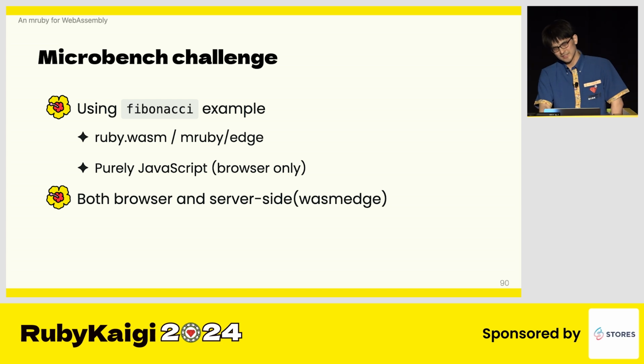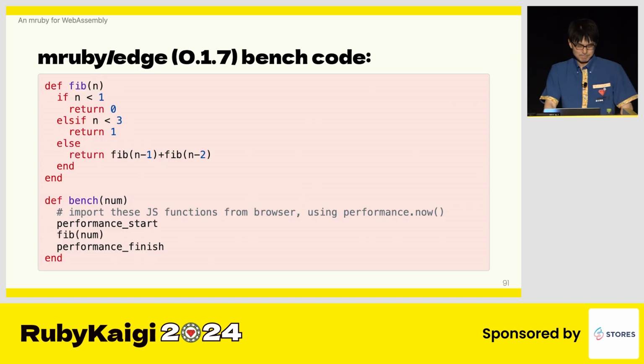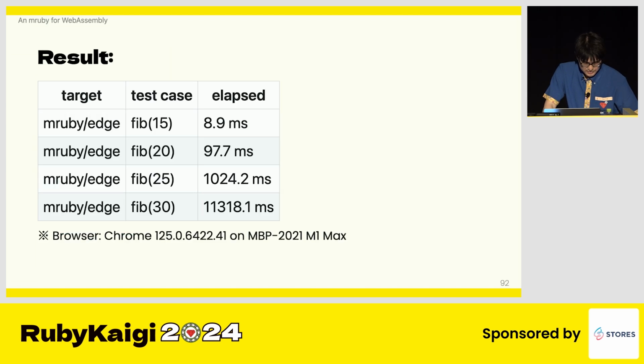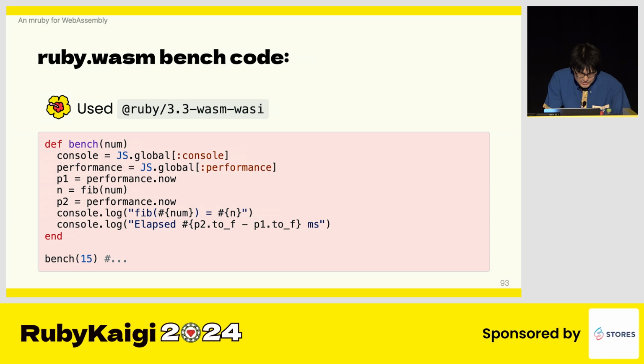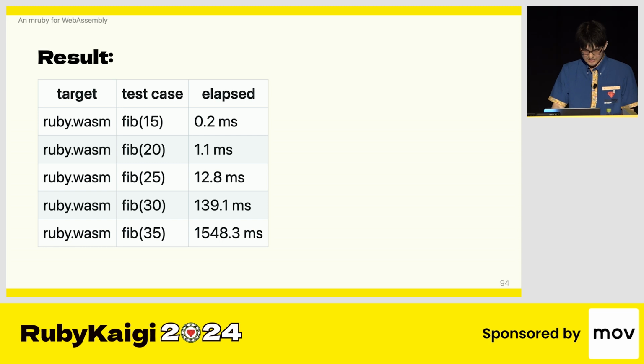And finally, I want to talk about evaluation using Fibonacci. This is the bench code of Fibonacci. This is the result of mruby that runs on the browser. But also, we can run Ruby wasm using Fibonacci.